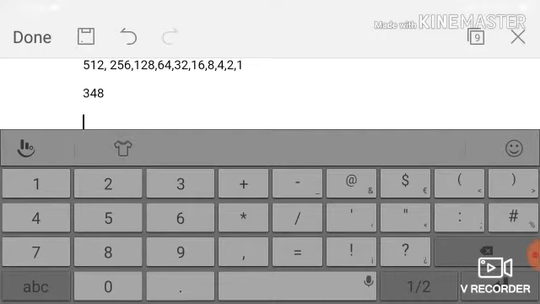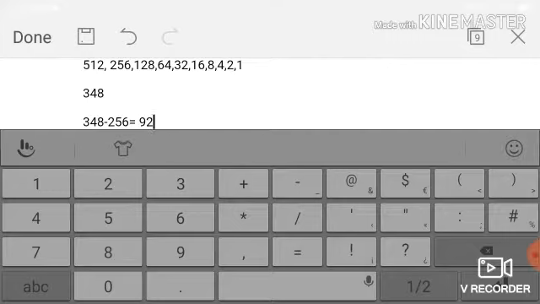So that is 256. So 348 minus 256 is equal to 92.